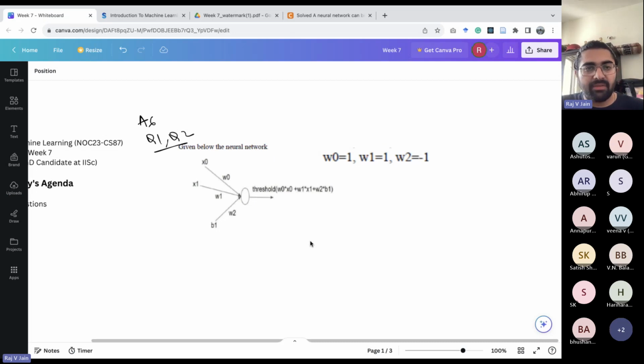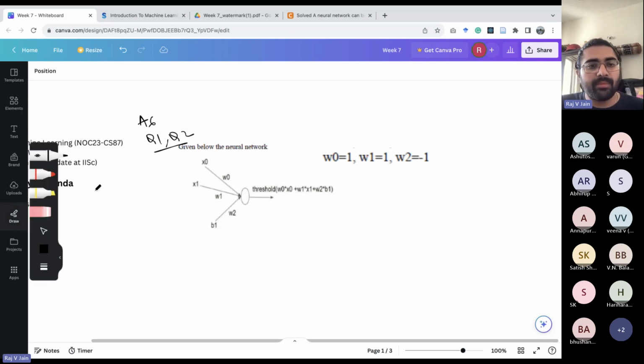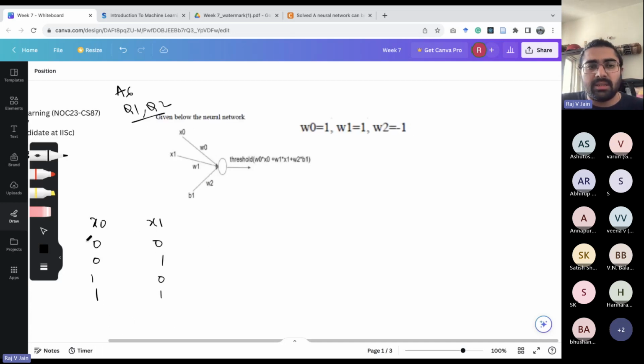You want to simulate the AND function. So for the AND function, let's say x0, x1. If they are both 0, 0, 1, 1, 0, 1, 1, right? As Bhushan was saying, you need to consider the truth table, and what is the true output, or what you want. So let's say the AND, that is x0 and x1, is going to be this.